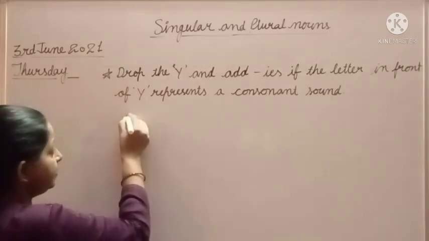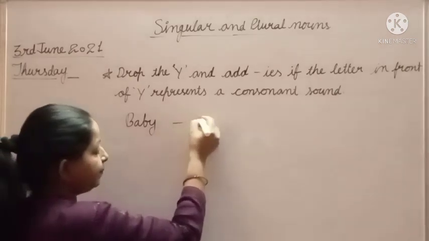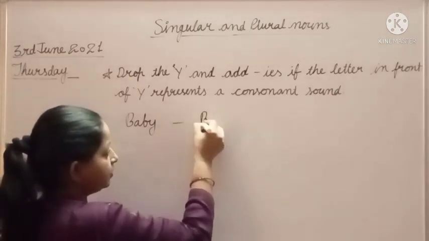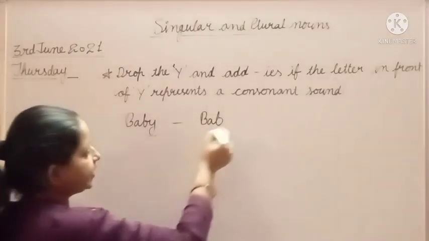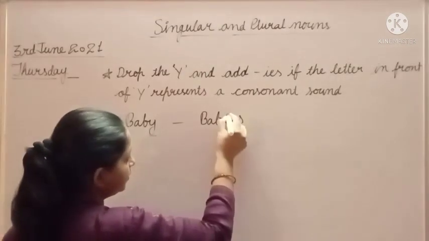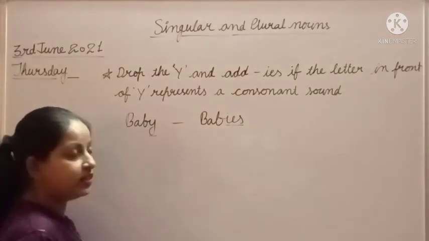Like baby, babies. Then we will write babies. Yes, a consonant sound here. That's why we will add ies at the end of this noun.